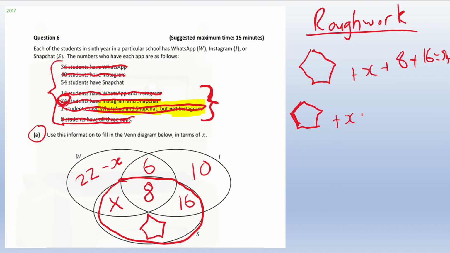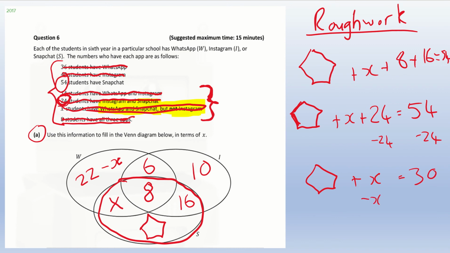Pentagon plus x plus, well, 8 plus 16 is 24, which is equal to the 54 from the question here. If I take 24 away from both sides, I get my pentagon plus x is equal to 30. If I take x away from both sides, I get that my pentagon is 30 minus x. So that's what's going to go in place of my pentagon down here.